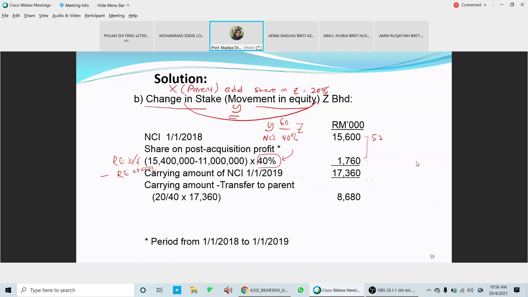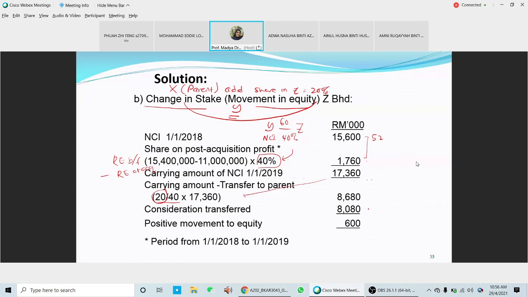So the carrying amount that is transferred to the parent: from that 40% you transfer 20% to the parent. So 20 divided by 40 times 17,360. So you're going to have the CA here as 8,680. From the CA, the parent only pays 8,080.